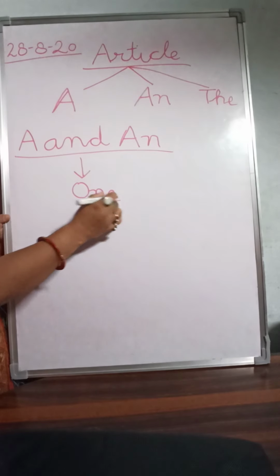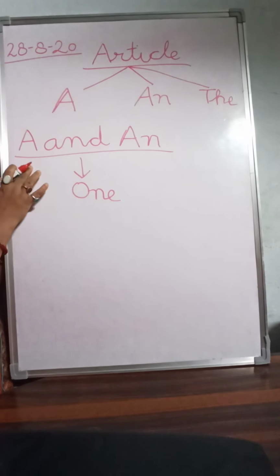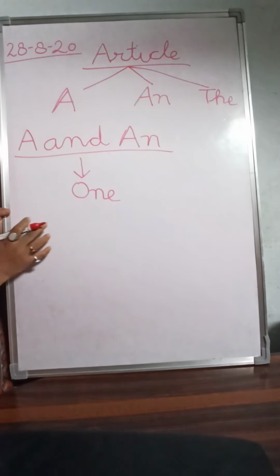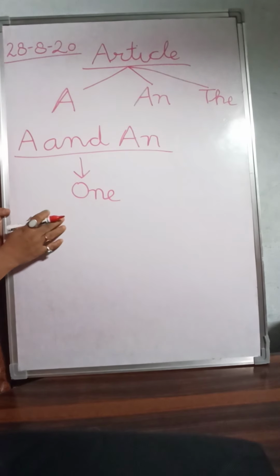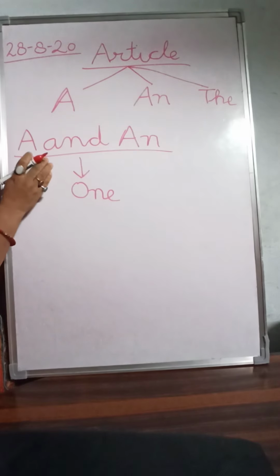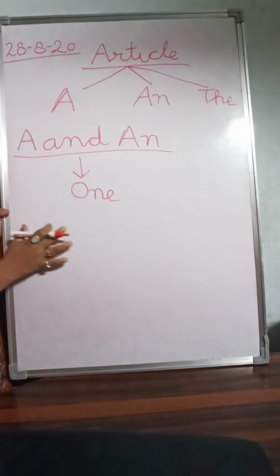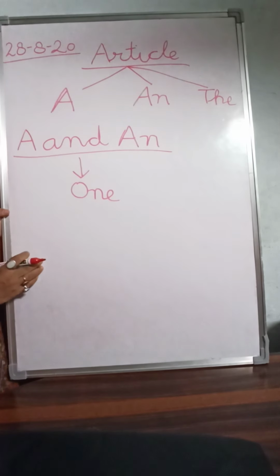It means where you have to indicate one, you will write a or an. Okay. But what is the difference between a and an? So it will be clear if we see a few examples.